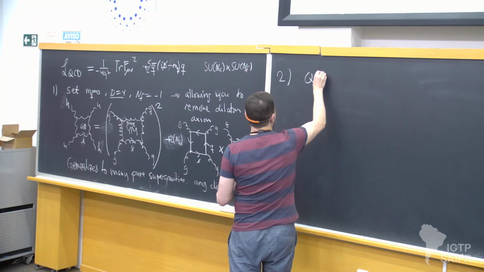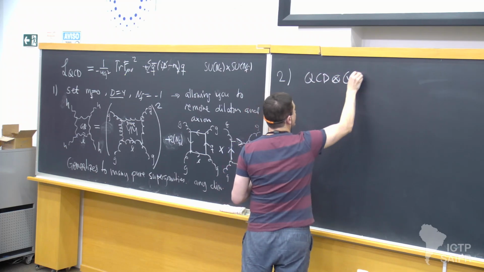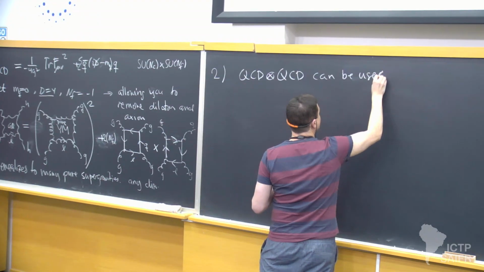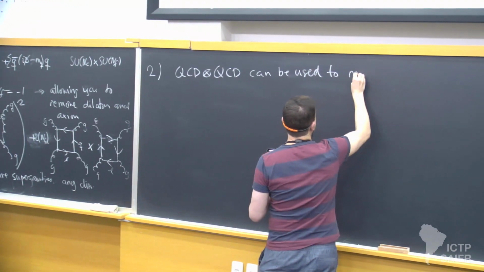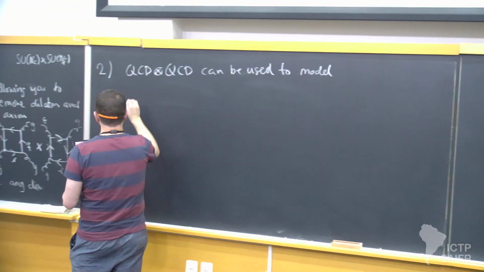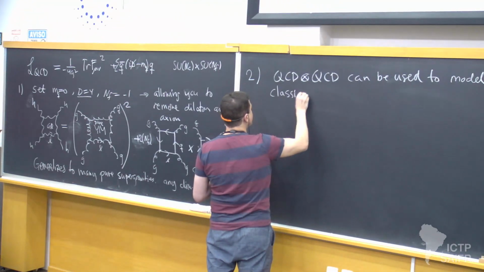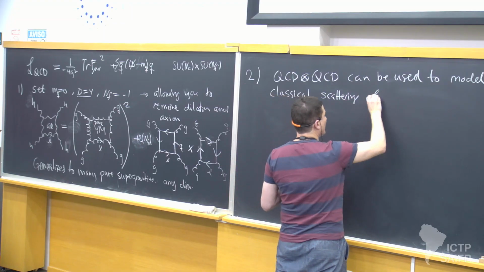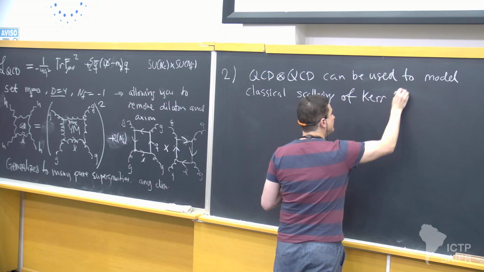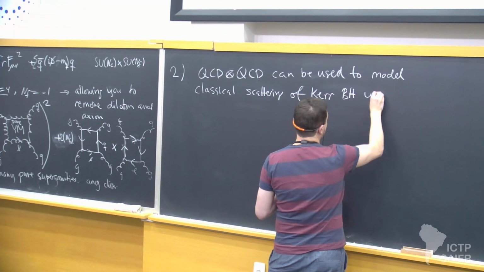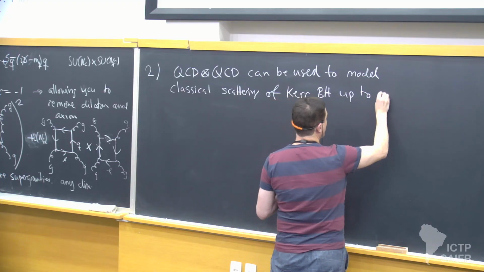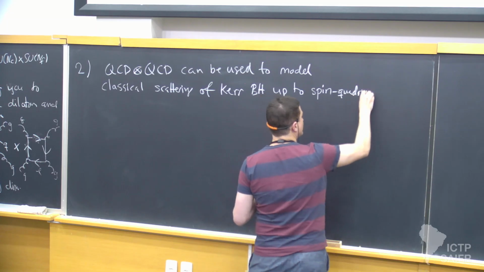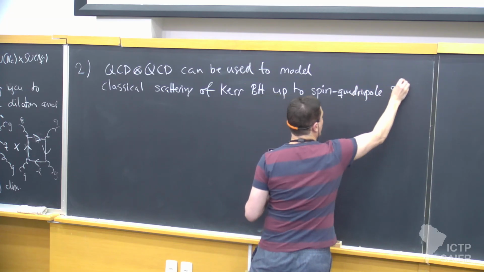You can use the QCD times QCD double copy to model classical scattering of a Kerr black hole up to spin quadrupole, basically S squared.